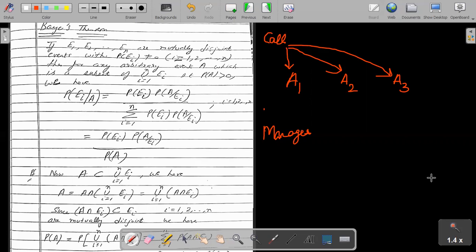I'll give you one more example. Say suppose there are three machines. I will use for machines E1, E2, E3. In a factory there are three machines, तो जो प्रोडक्शन होती है वो इन तीन मशीनों से होती है, E1 से, E2 से और E3 से. ये तीनों मशीन्स प्रोडक्ट बनाती हैं और मैनेजर इंस्पेक्शन कर रहा है और प्रोडक्ट को इकट्ठा करता जा रहा है, स्टोर रूम में रखता जा रहा है.